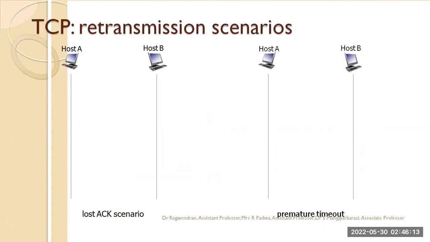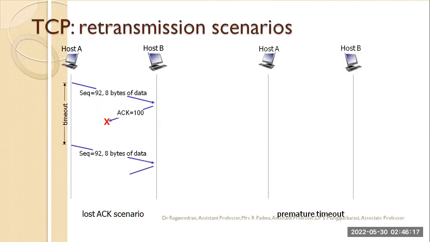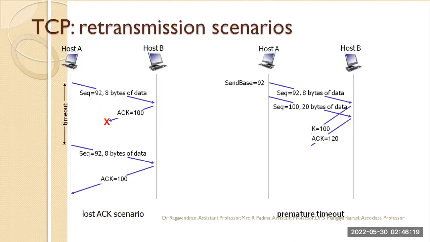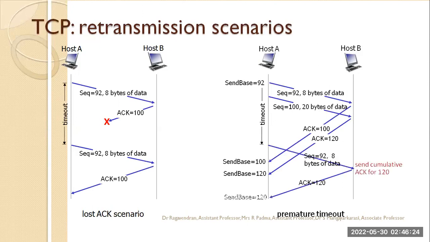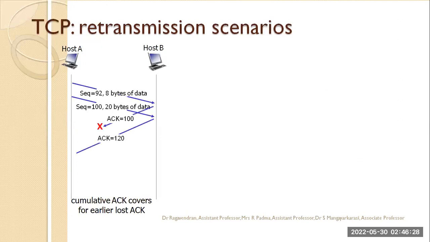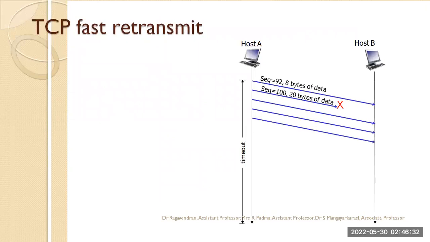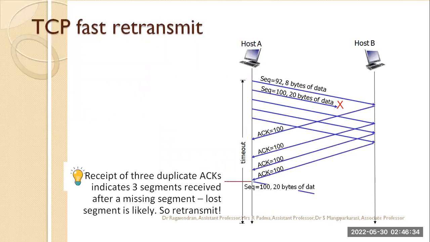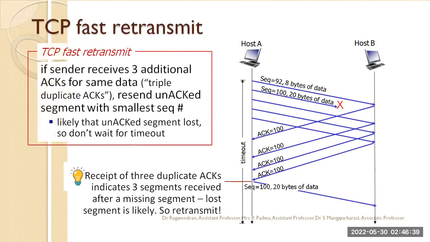So these are the retransmission scenarios of TCP and its acknowledgement, with the timeout being calculated. So this is the retransmission of data. This is used for fast retransmission of information.